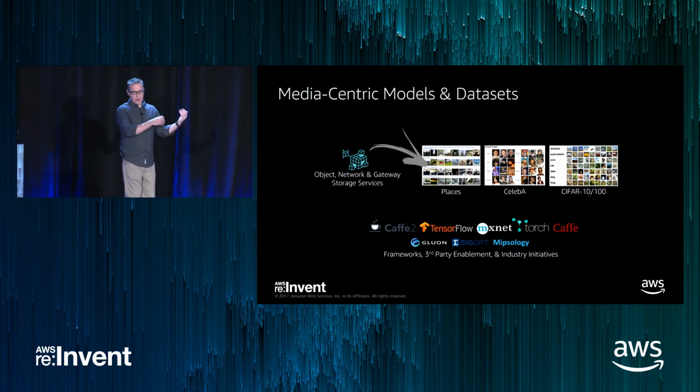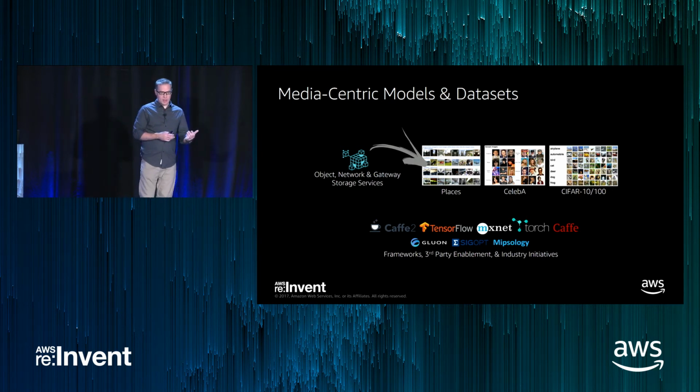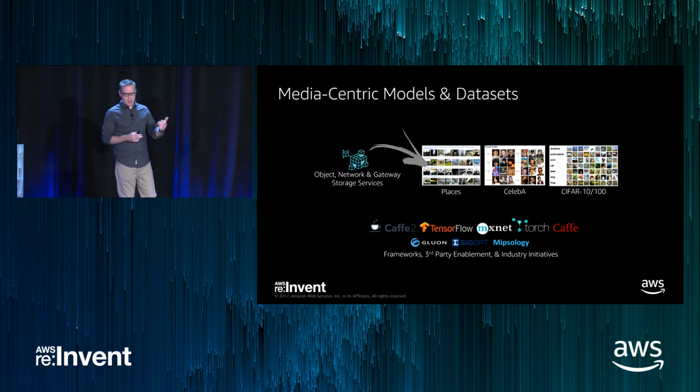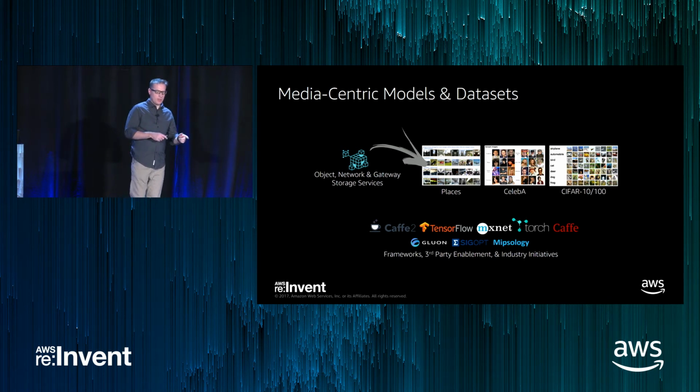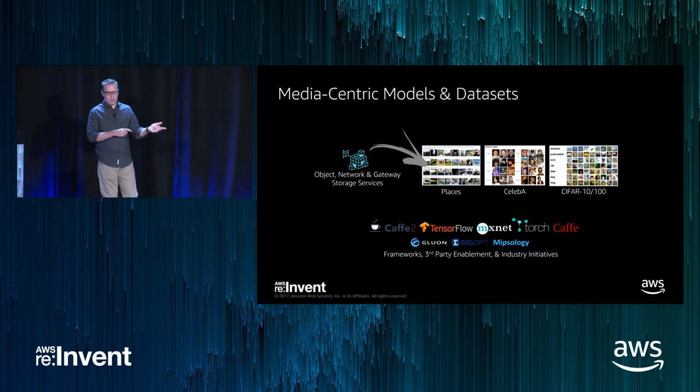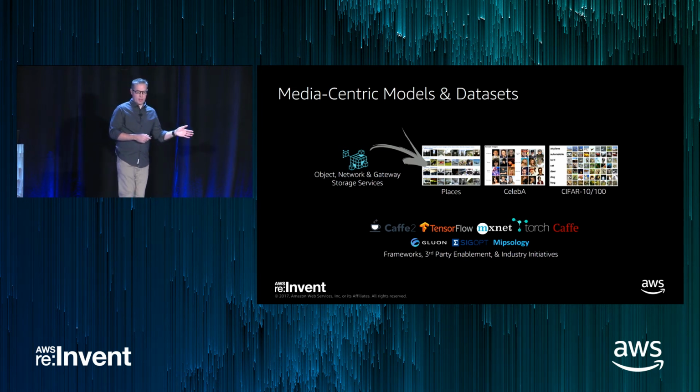We can actually start with some of the existing work that's been done. If you look at the MIT Places data set, there are about 2.5 million images of different places around the world that have been labeled already. You can use that as a way to train or create a new data set, but you don't have to create it from scratch.